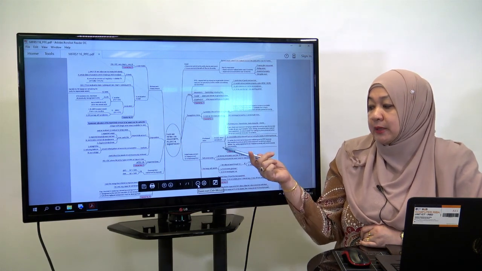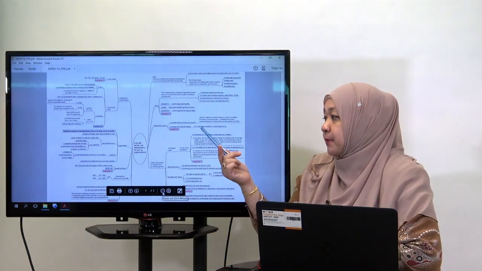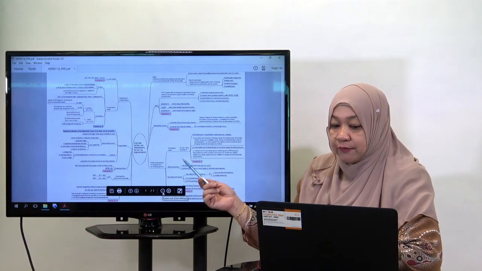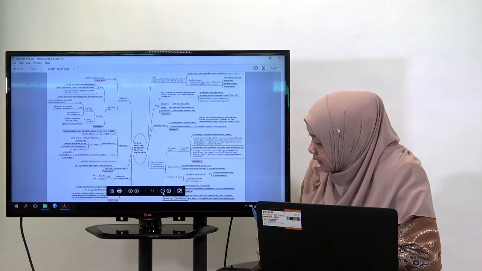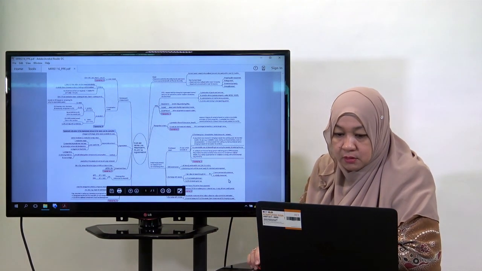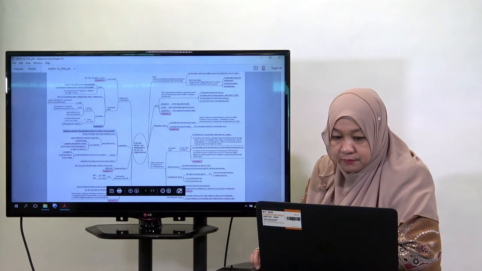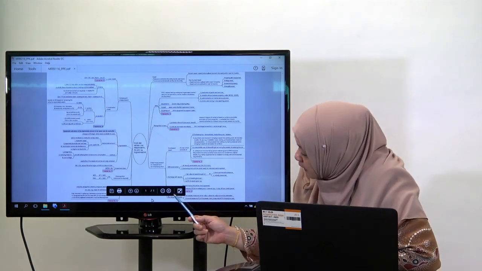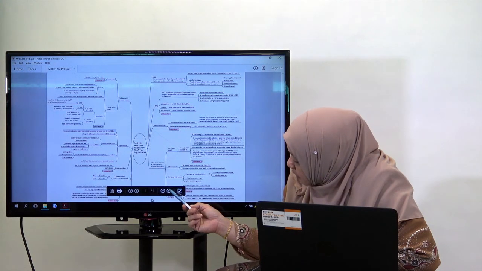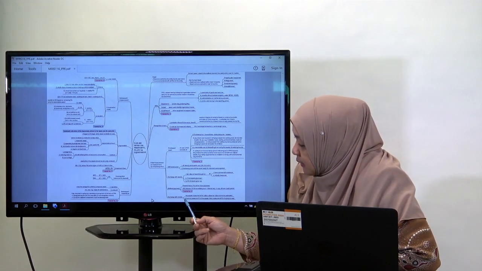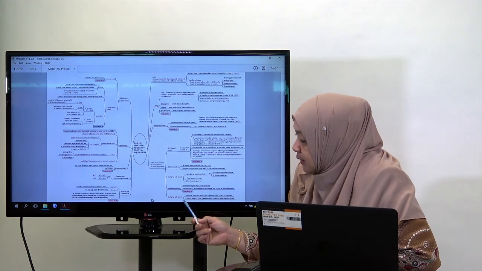Alright, so to determine the total cost incurred, it depends whether you have purchased the asset, or you have self-constructed the asset, or you have exchanged the asset, or you have deferred payment, or also exchange with shares.